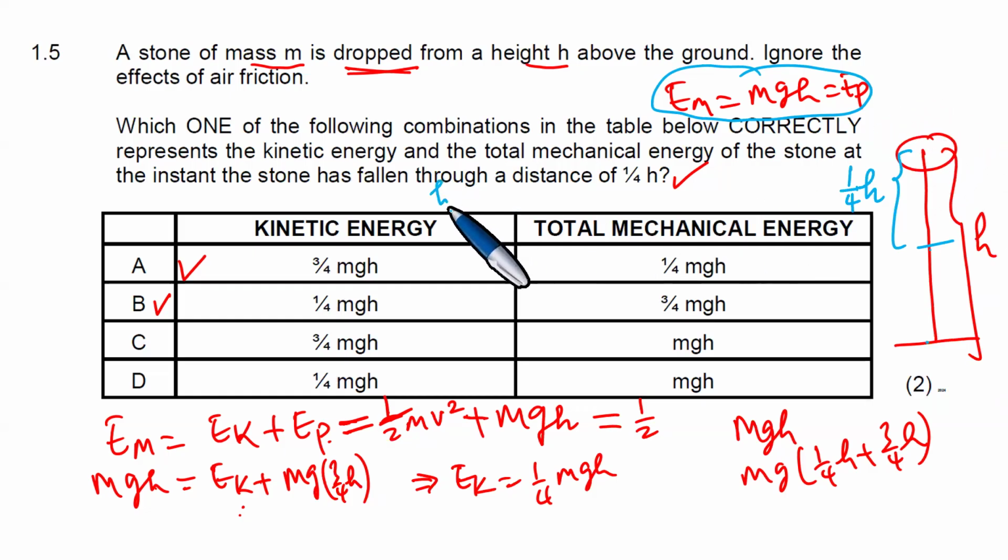You take h minus the fallen height, and the remaining height is 3/4 of h.